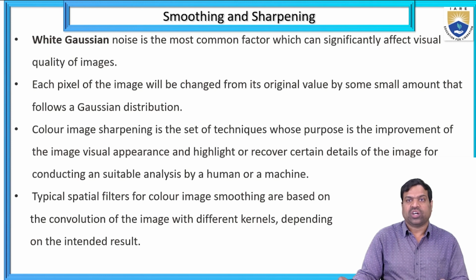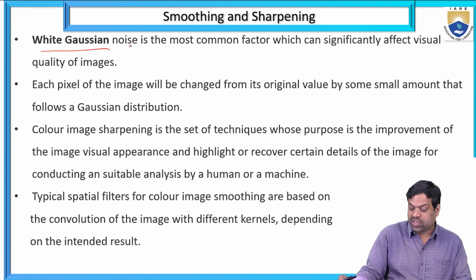Color image sharpening is a set of techniques whose purpose is the improvement of the image's visual appearance and highlighting or recovering certain details of the image for suitable analysis by a human or a machine. But typical spatial filters for color image smoothing are based on the convolution of the image with different kernels depending on the intended result.